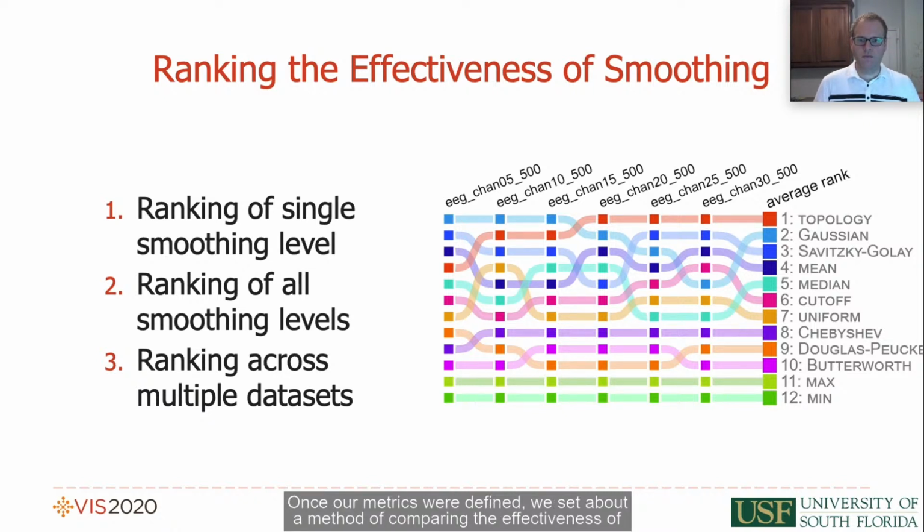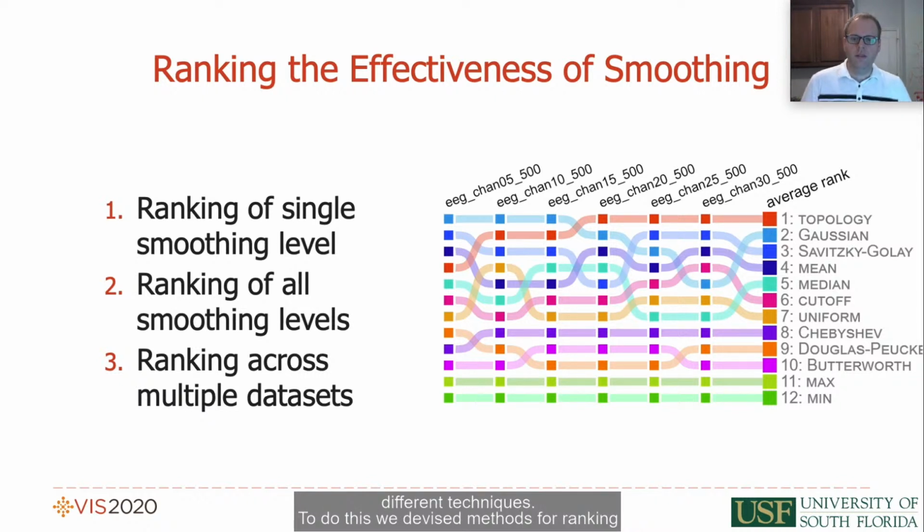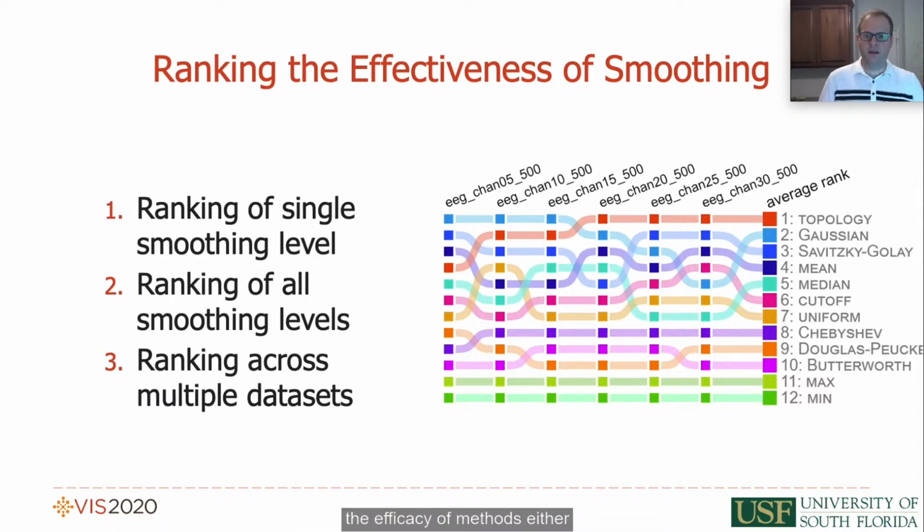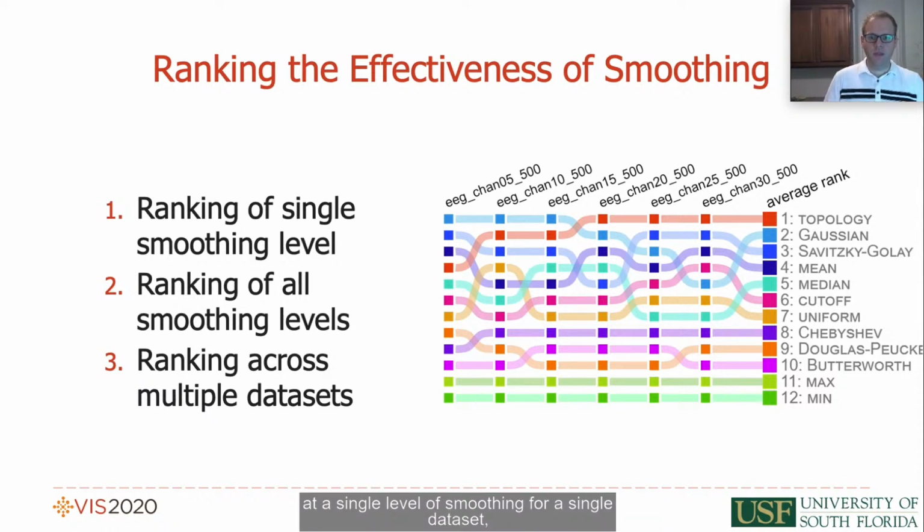Once our metrics were defined, we set about a method of comparing the effectiveness of different techniques. To do this, we devised a method for ranking the efficacy of methods either at a single level of smoothing for a single dataset, across all levels of smoothing for a single dataset, or across multiple datasets simultaneously.